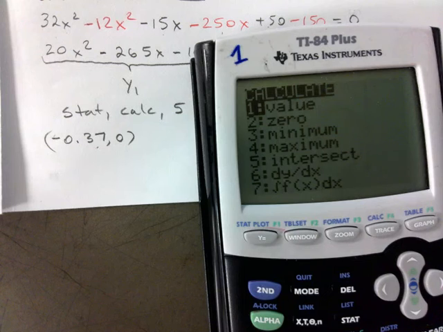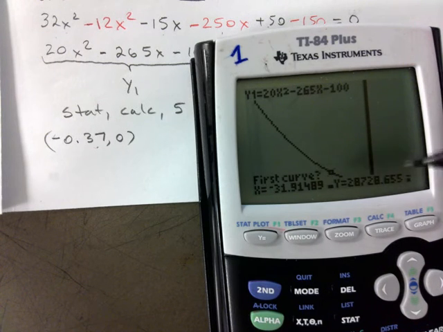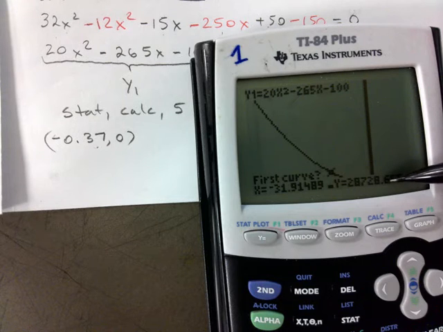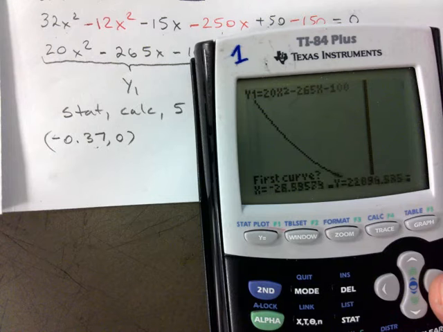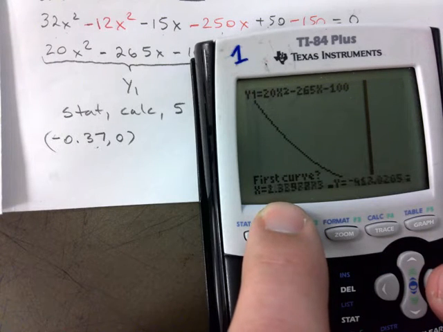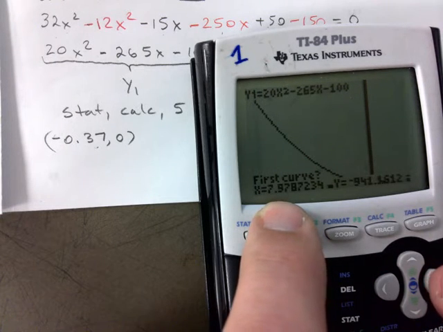Second trace 5. I am here right now. So I'm going to travel past and then go over to the other side and then do the second trace 5 again. How do I know? See my x value, I'm on the left side, I'm going to go towards the right. Keep going.